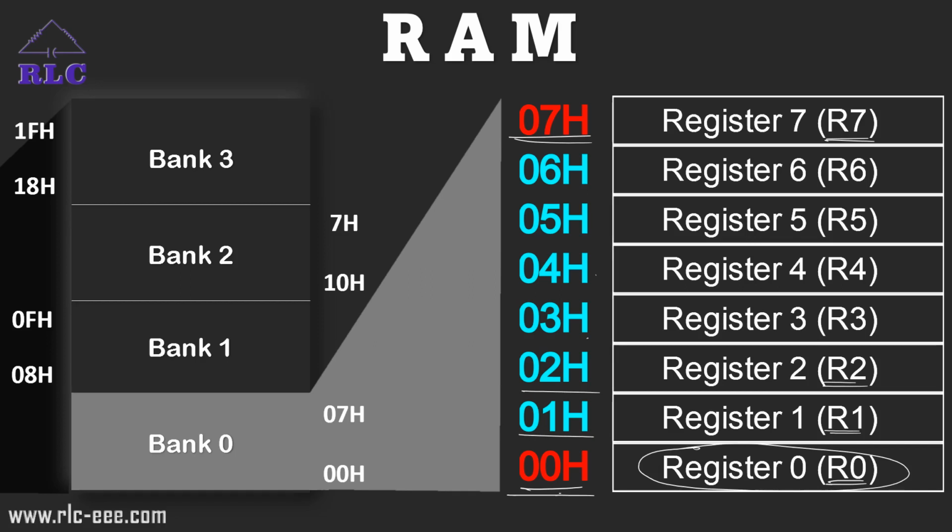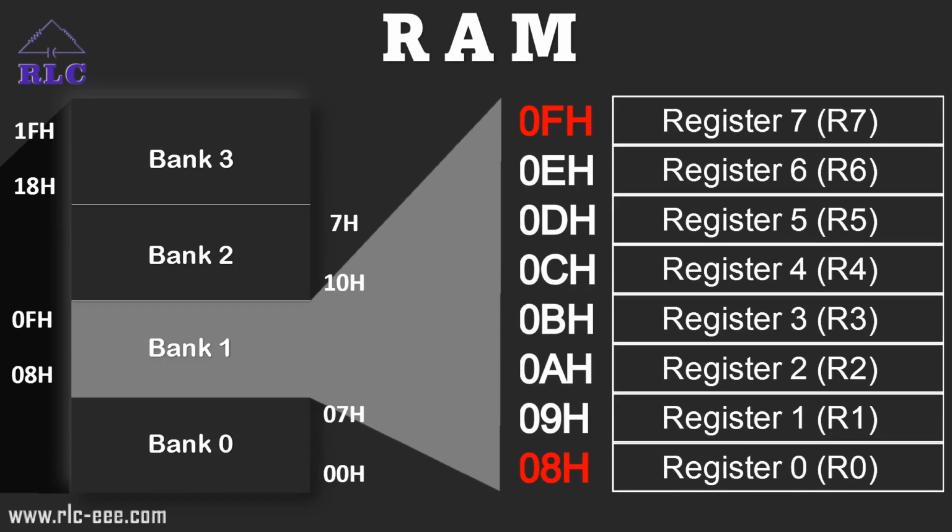Similarly, bank 1 memory locations also have names. Bank 1 starts from 08H to 0FH. The 08 memory location is also called R0, then 09 is also called R1. As the memory location increases, the R number also increases, so 0FH is R7.